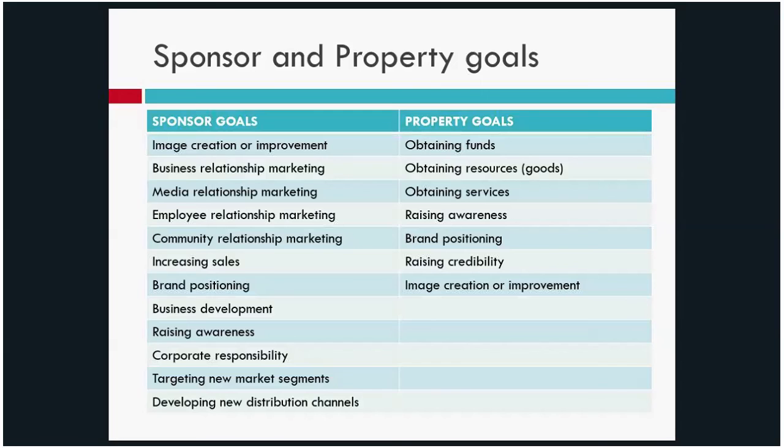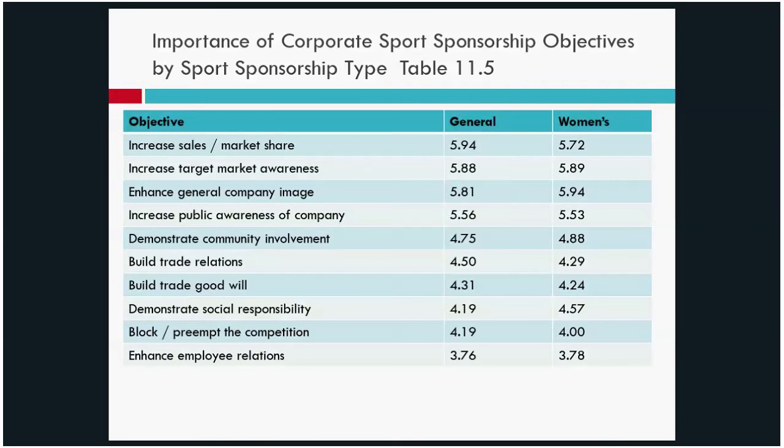It says something a little bit less about that in terms of branding for the event, raising credibility, image creation. So the brands that a property gets to sponsor their group, more than just cash and value in kind, can actually show me some brand image within themselves.